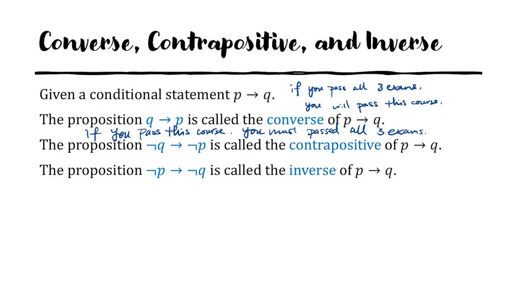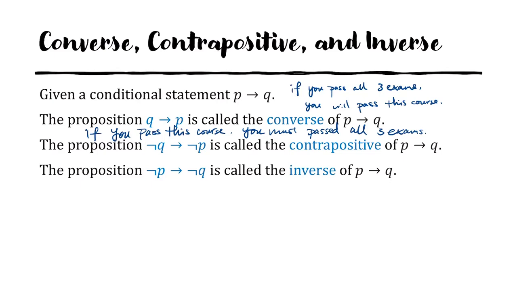Now, what about the contrapositive? What does the contrapositive mean? You have not Q implies not P. I see people say, if you pass this course, you pass all 3 exams.